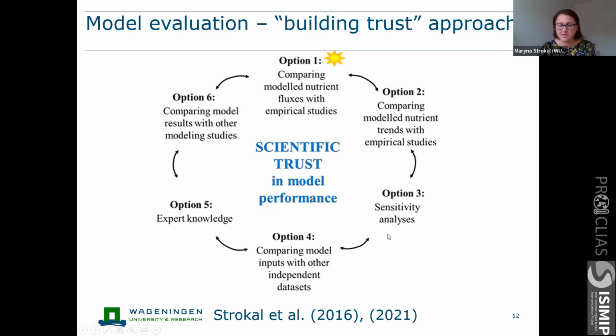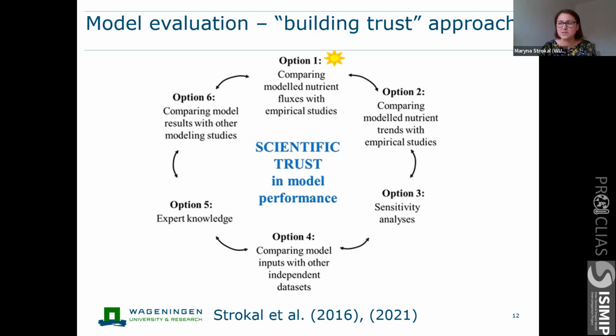Then the sensitivity analysis, so we test how sensitive our model outputs are to changes in uncertain parameters. Option 4 is to compare inputs with other independent data sets. Then 5 is to use the expert knowledge. This is a large-scale model, so it is difficult and challenging to validate and find observations for all kinds of pollutants.